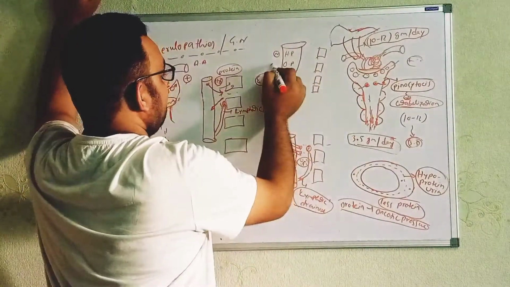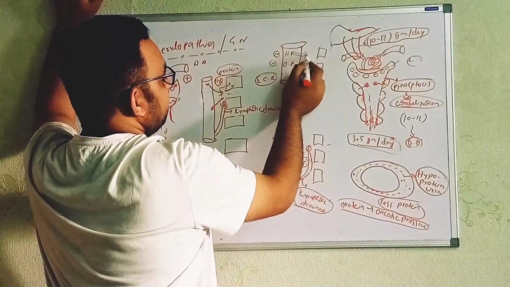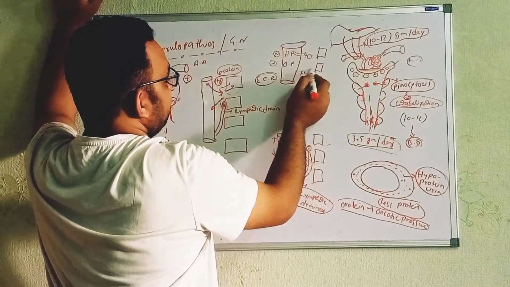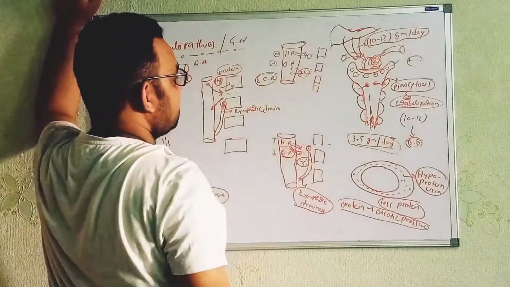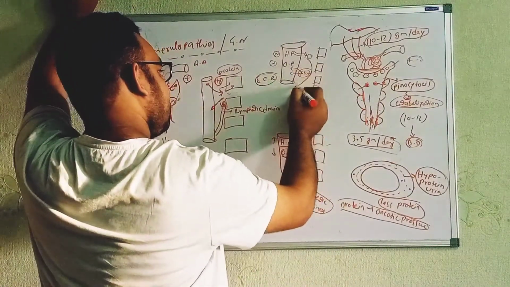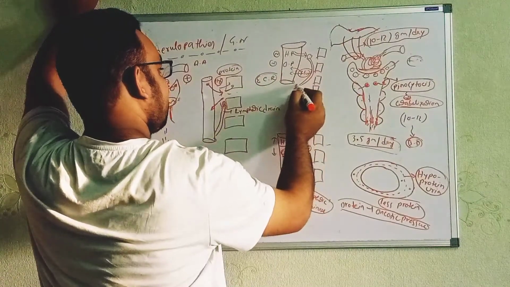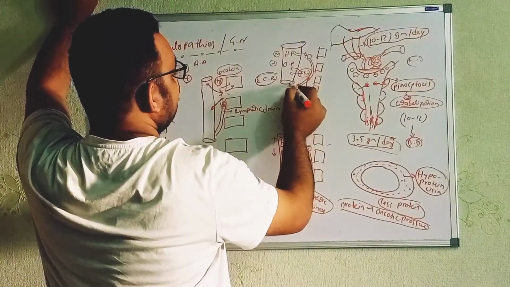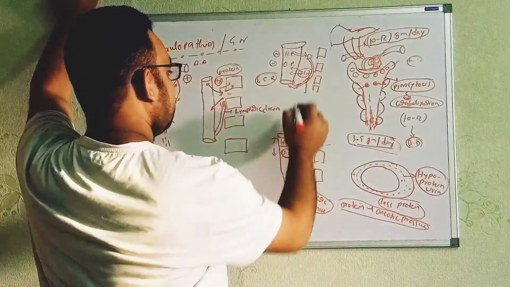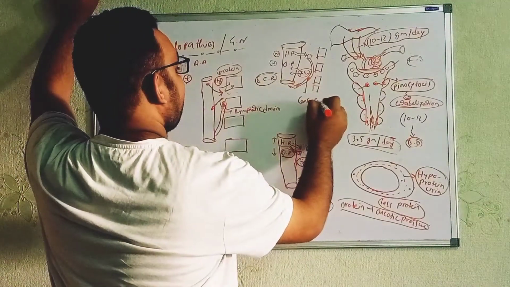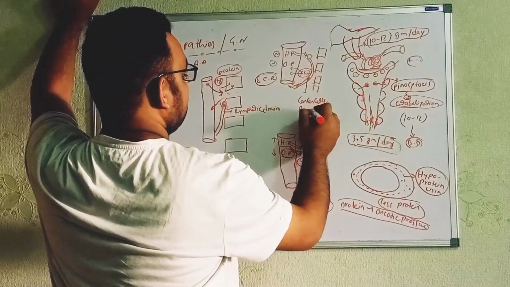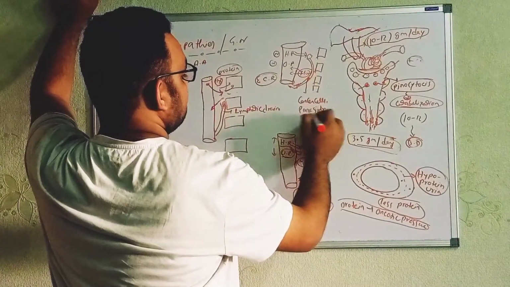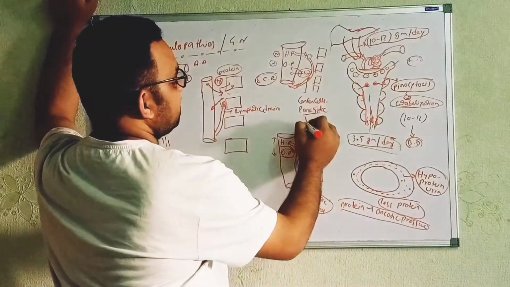Then hydrostatic pressure pushes the fluid and some proteins, and the fluid will be retained by the osmotic pressure into the general circulation. Now, whatever proteins come out, let's suppose there is some blockage within the lymphatic drainage. This blockage can be caused by many processes: cancer cells, parasites that cause some problem there, or inflammatory cells.